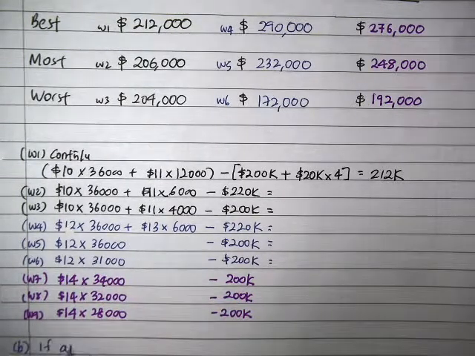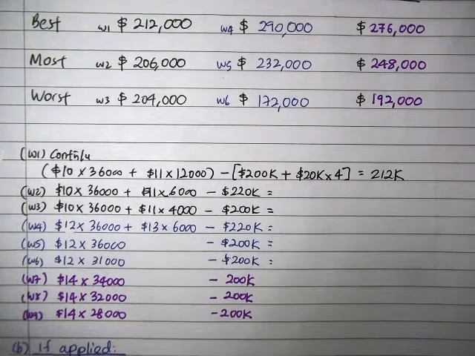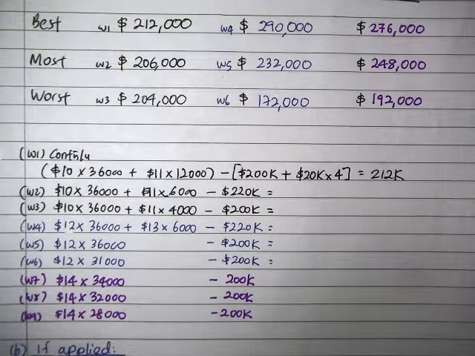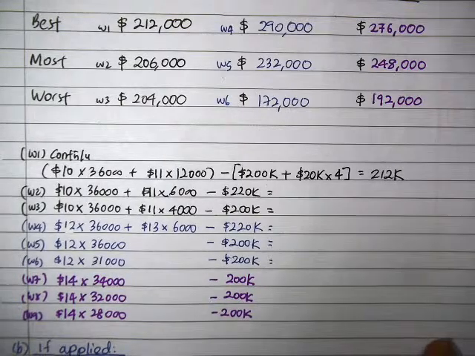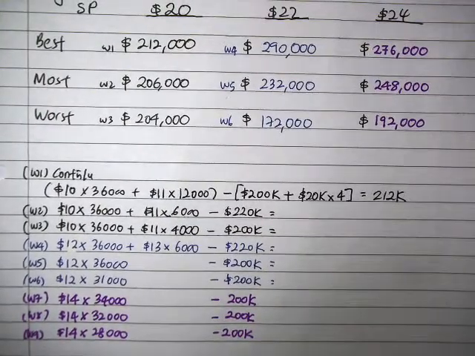Okay, if you have applied A, maximin. Now you should be able to see, you don't have to calculate or do anything. If you're using maximin, then which price are you going to set? 20, 22 or 24? What is maximin?